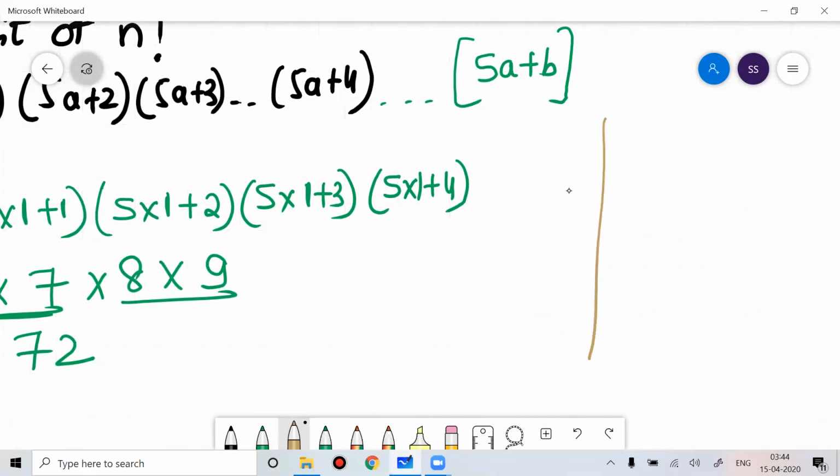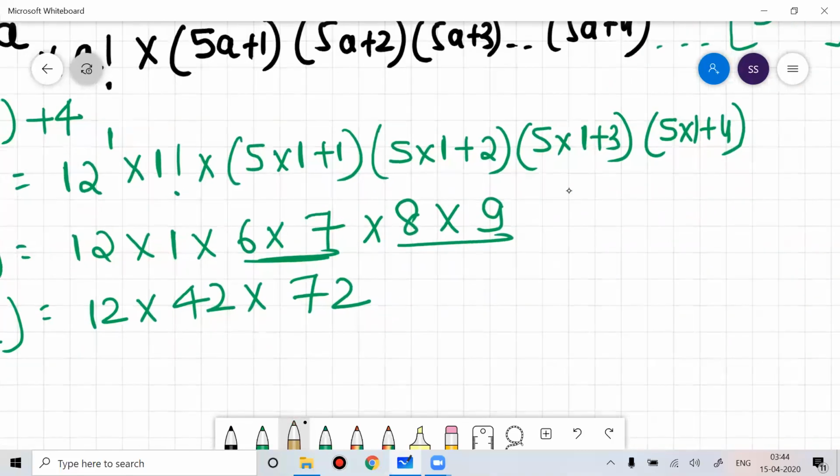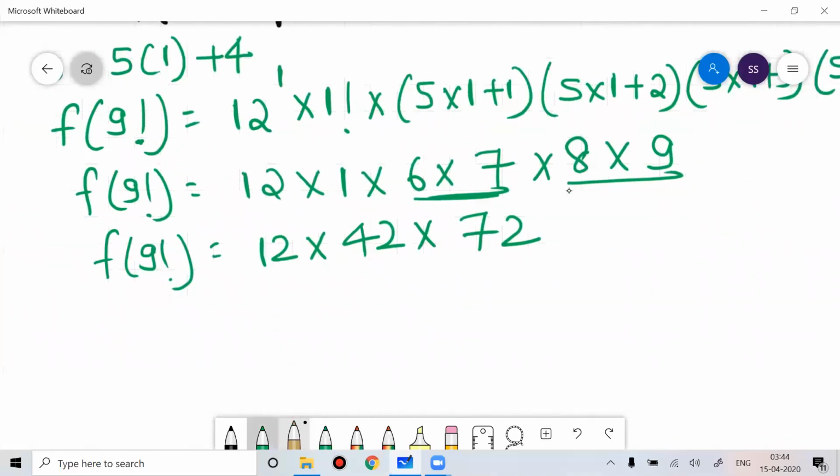Let's do this value. So 12 into 42. I know 12 2 is 24, 12 4 is 48. I'm just bothered about the last two digits, so this is 04. So 12 into 42 is 04, and into 72.